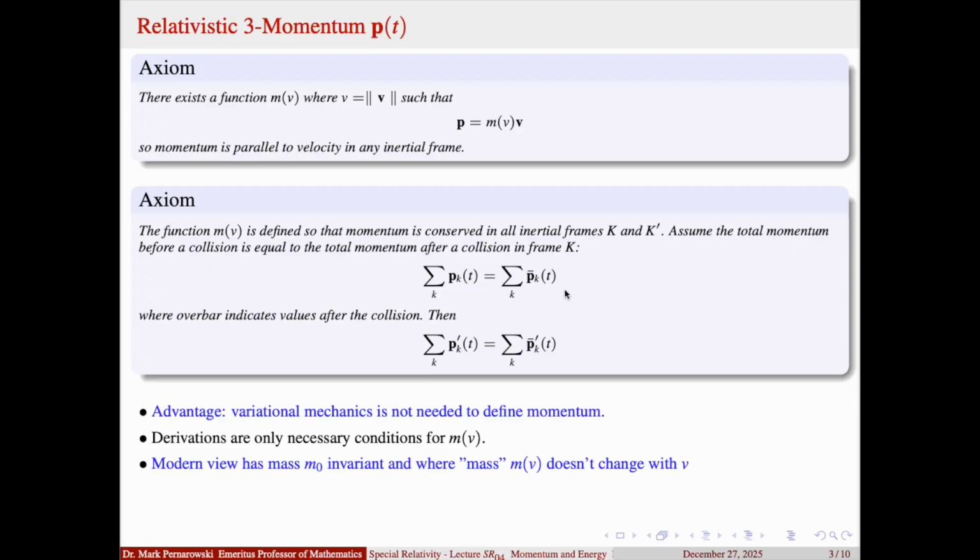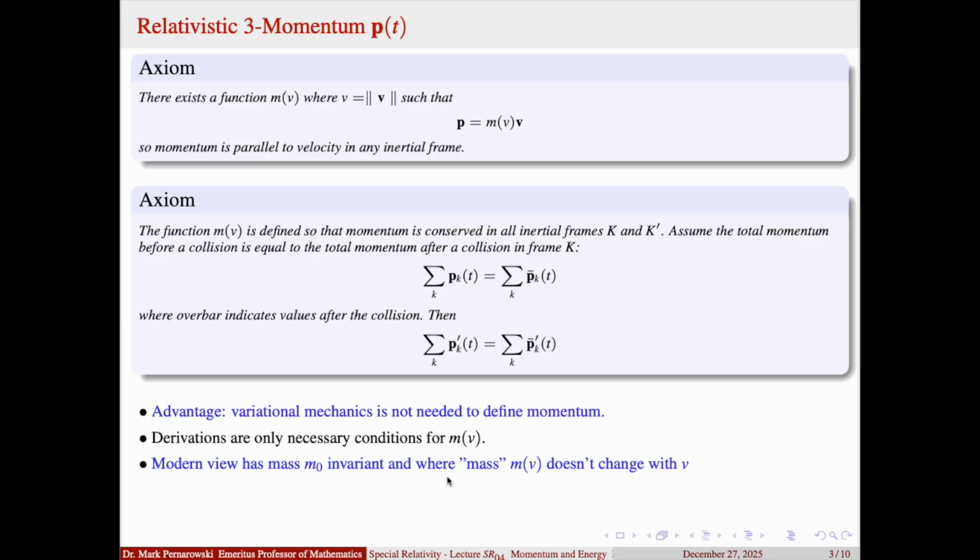And we know how to get vectors in K and translate them into K prime, but more on that later. The advantage to using this approach is that it doesn't require variational mechanics, and the disadvantage is that it's a lot more complicated.